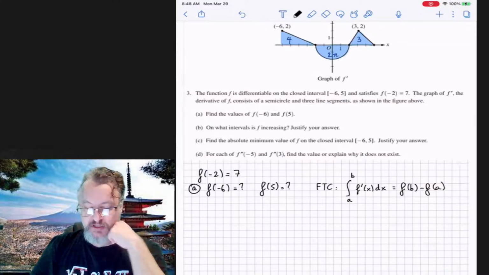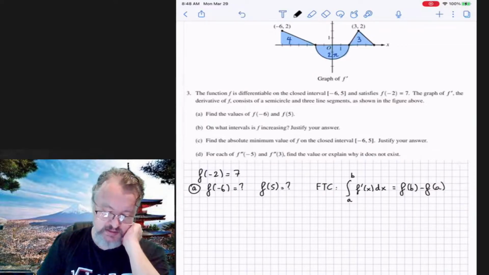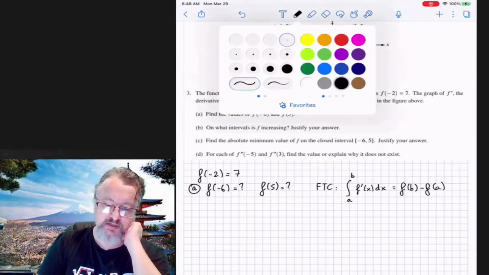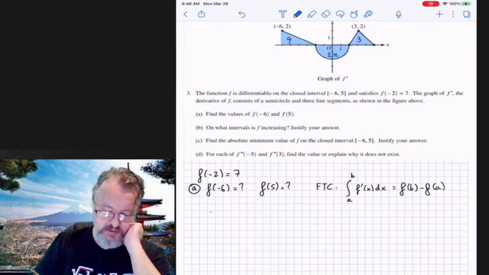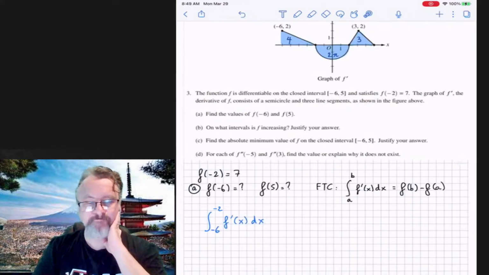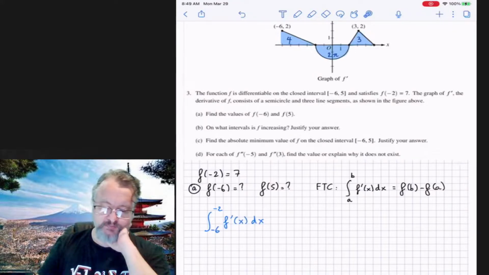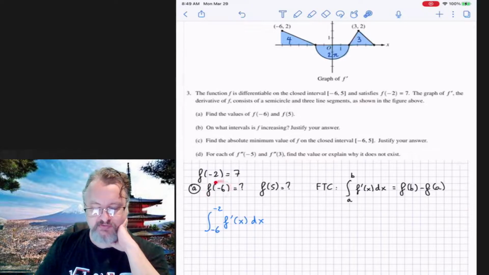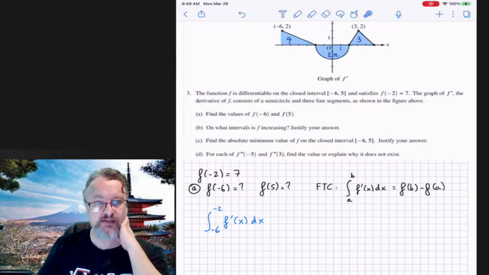Which allows me to write the following integral: the integral from negative 6 to negative 2 of f prime of x dx. Why that one specifically? Let me show you. I'm going to try to find f of negative 6, so I'm going to put a negative 6. Why negative 2 then? Well, because we are provided with the value of the function at negative 2.